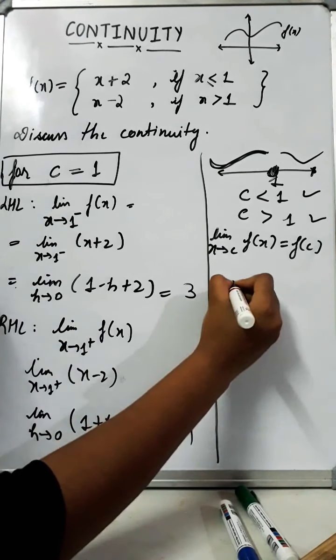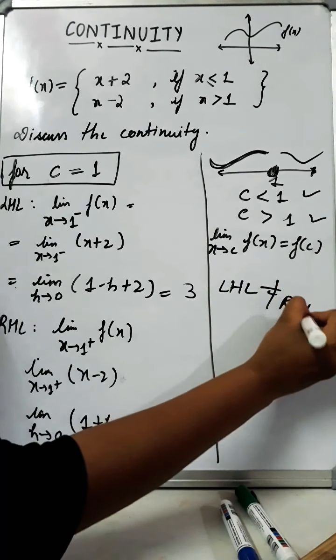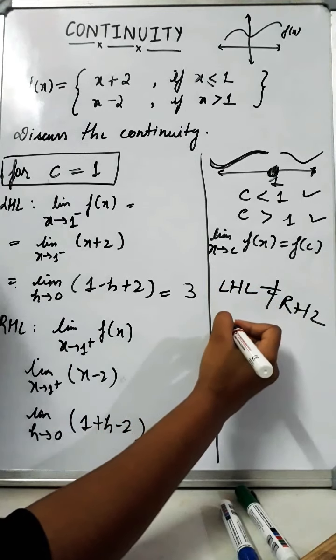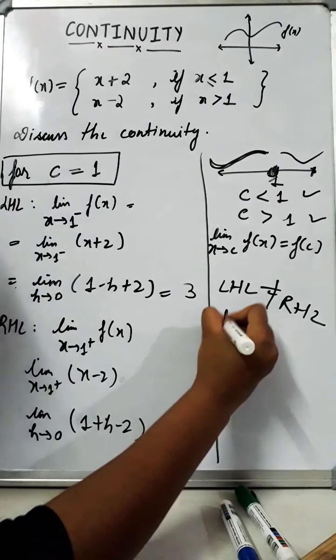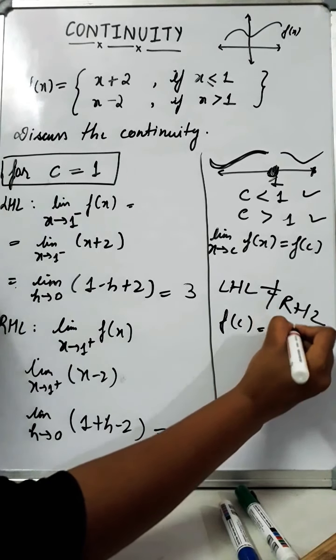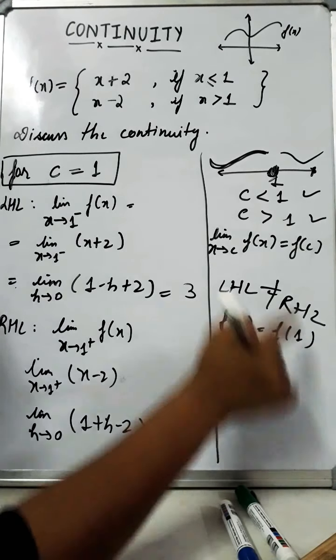Now you got left hand limit is not equal to right hand limit, right? And let us check for the value of the function at x is equal to 1 also। So f(c) means f(1), f(1) is what?